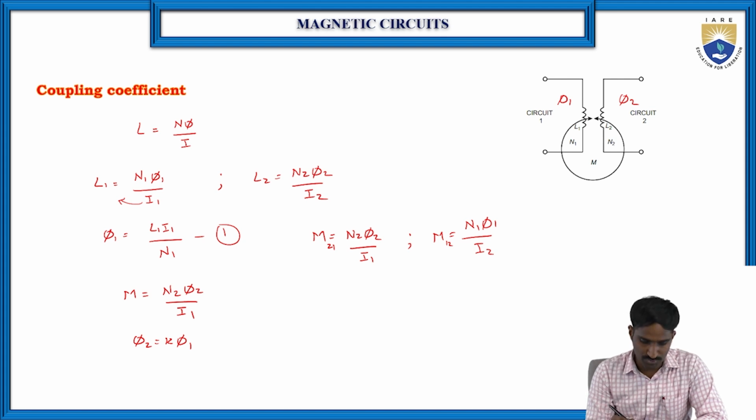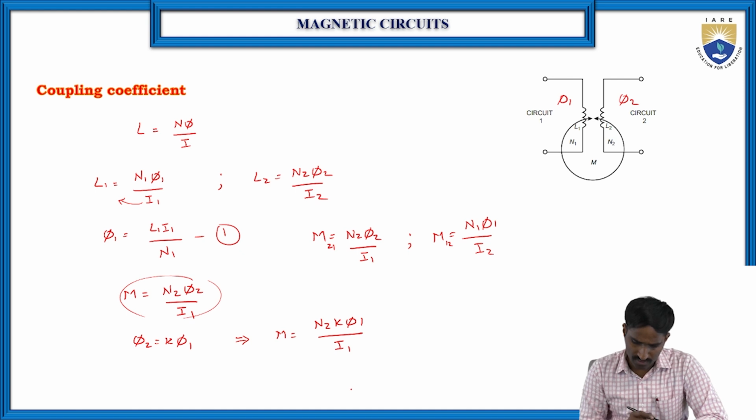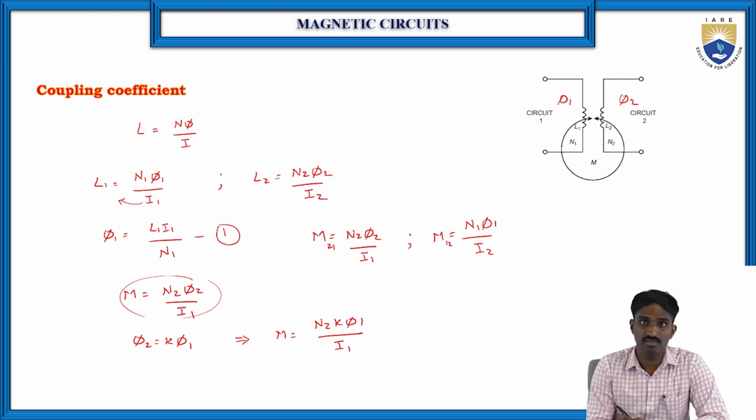Then substitute this phi 2 value in this equation, so M is equal to N2 into k into phi 1 by I1. Let us consider this is equation number 2.